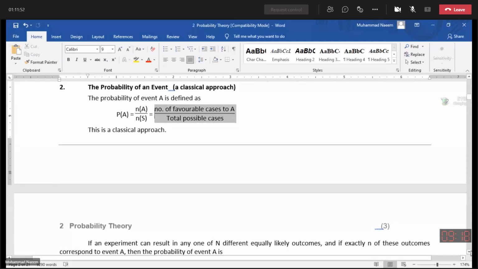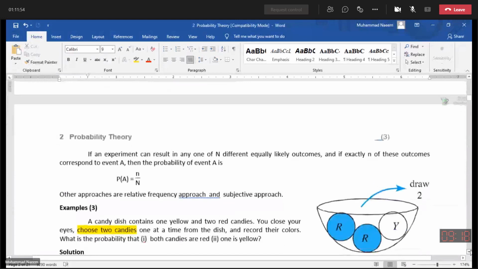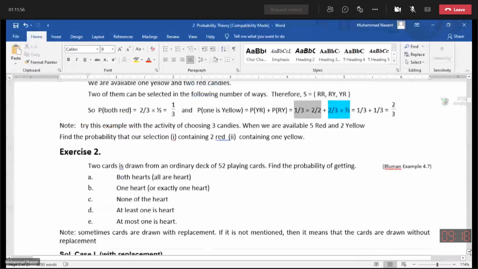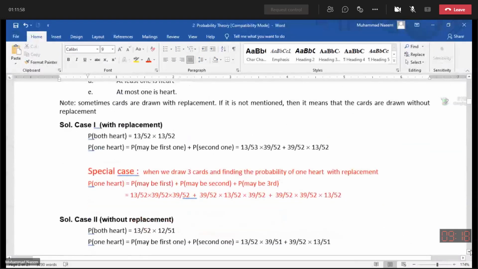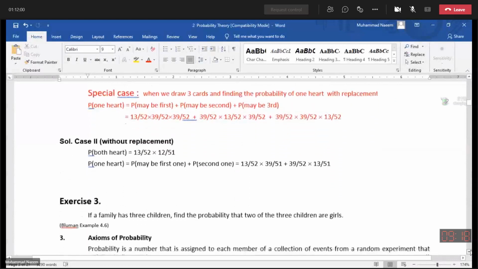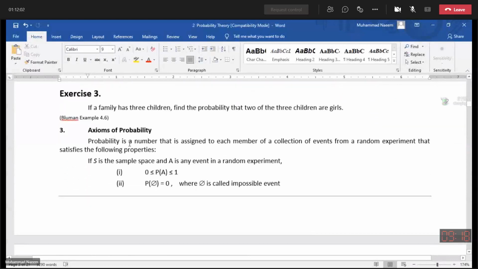Remember, this probability of an event is always between 0 and 1.